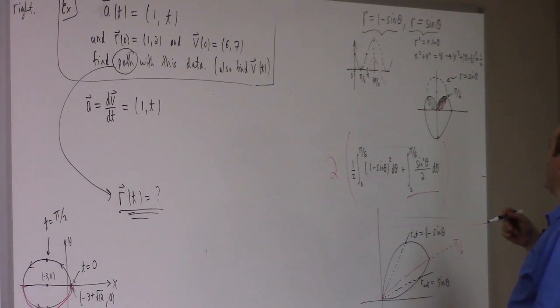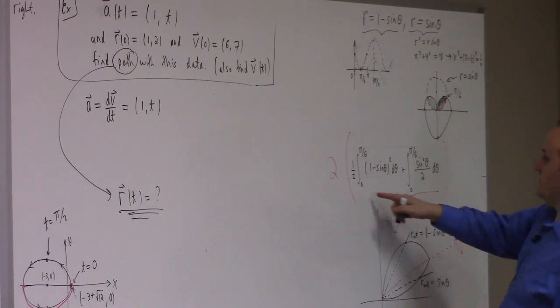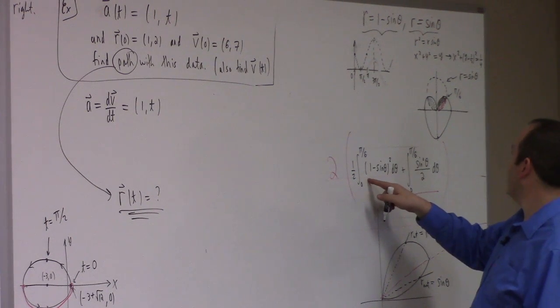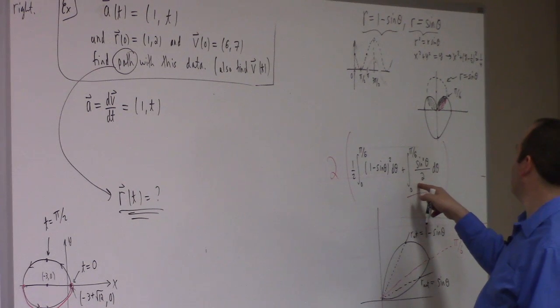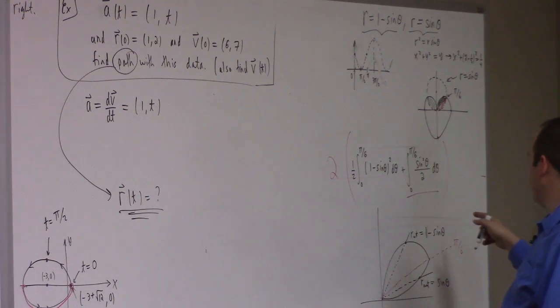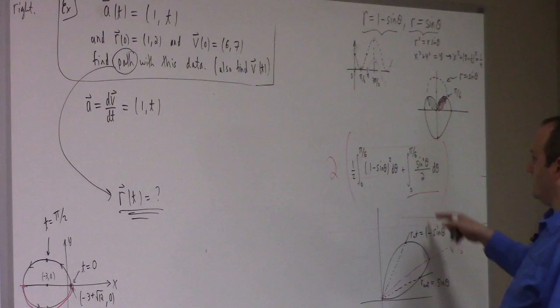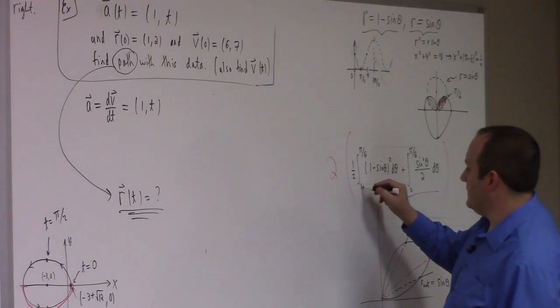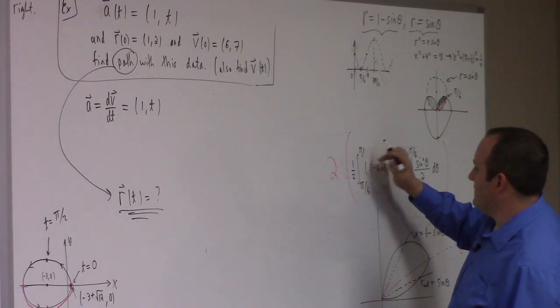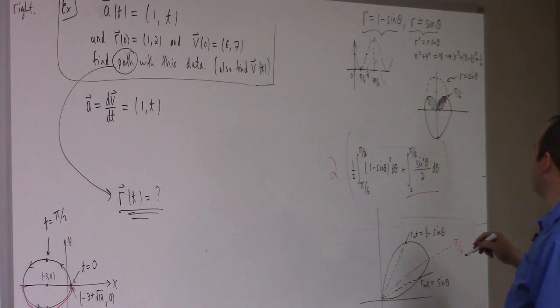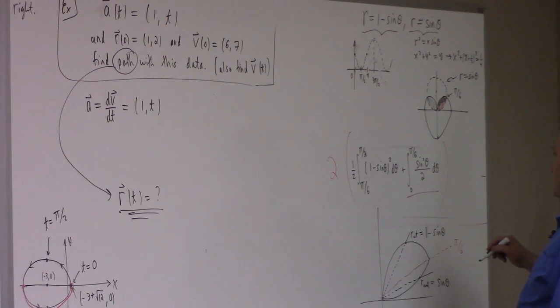Oh, I set up the integral wrong. Yes, this one should be. Wait a minute, no. This one? The second one. No, the first one would be pi over 6 to pi over 2. Yeah. Thank you. I'm still not quite right. Sorry about that. See how that works out.